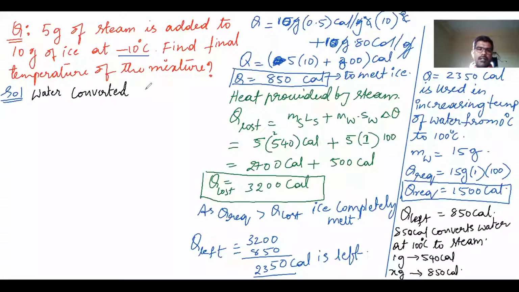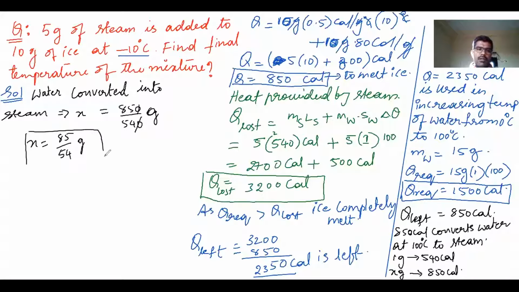Water converted into steam is equal to X gram, that is 850 divided by 540 calorie per gram. 0 gets cancelled, and you can cancel this. This gives you X is equal to 85 divided by 54 gram.